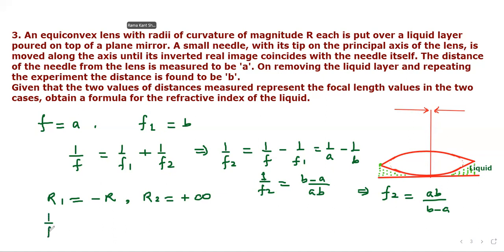So that gives 1 upon F2 equal to mu minus 1 times 1 upon R1 minus 1 upon R2.